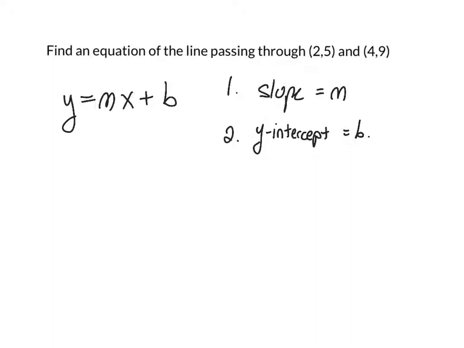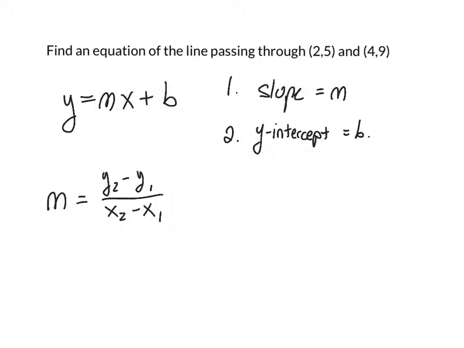Okay, so in our past videos, we spent a lot of time talking about slope, and what we found was that we can use the formula for slope, change in output over change in input, which is y2 minus y1 over x2 minus x1.